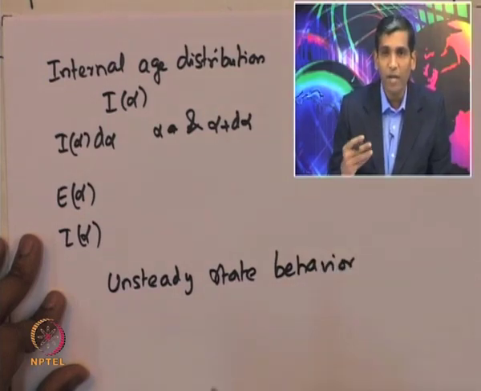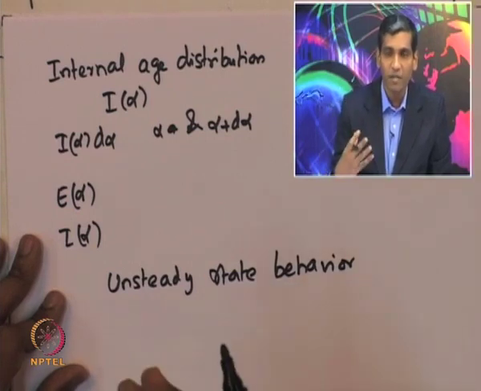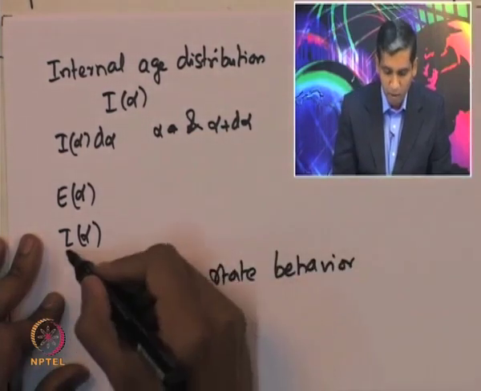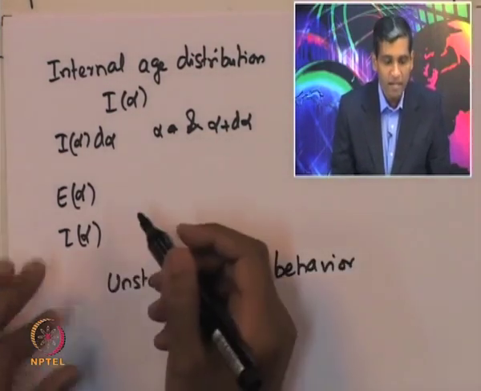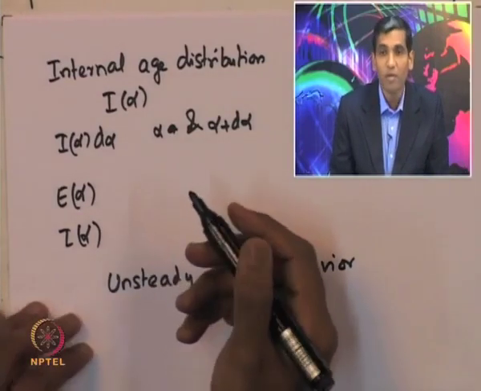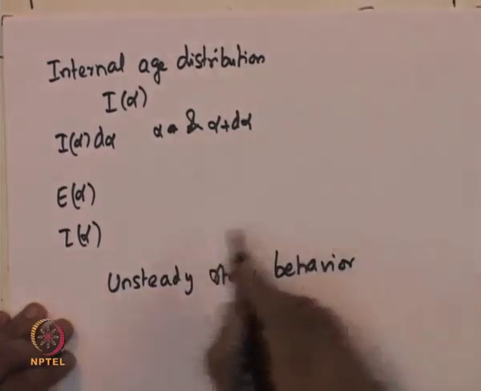A good example would be a catalytic reaction in which the catalyst is decaying with time; then it is important to know the internal age distribution and to consider the age distribution in modeling the performance of such a reactor.